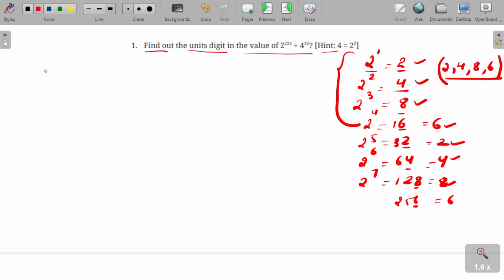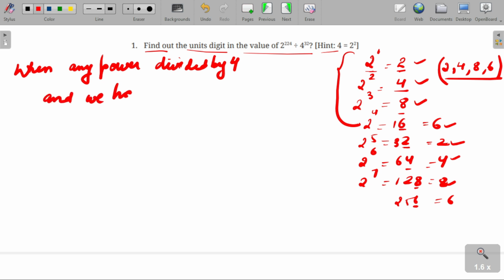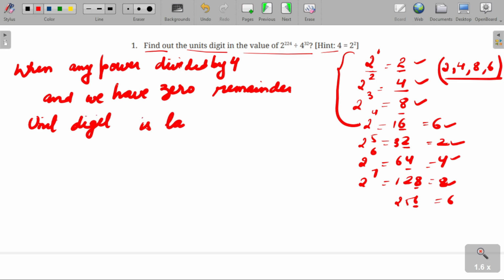And one more thing that you need to remember is: when any power is divided by 4 and we have zero remainder, then the unit digit is the last in the cycle.